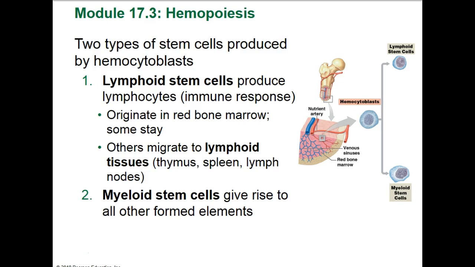And then the myeloid stem cells give rise to all the other formed elements, as we stated before on the previous slide. And the ones that go to the thymus, by the way, are going to be the ones that become T cells. It's one of the reasons why we call them T cells.